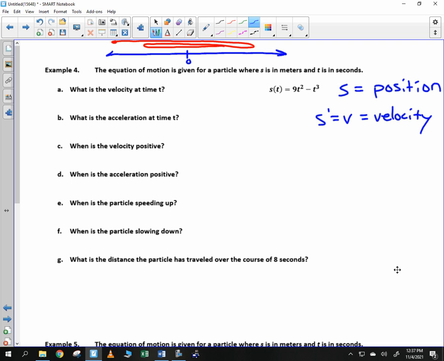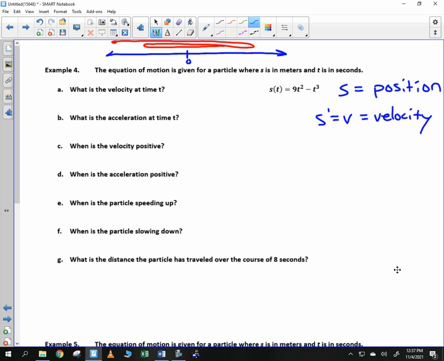Now, some people are wondering what the heck is velocity. Velocity is basically the same thing as speed. Okay? The difference is velocity can be both positive and it can be negative. So for example, right now, my velocity is positive because I'm moving to the right. Right now, my velocity is negative because I'm moving to the left.